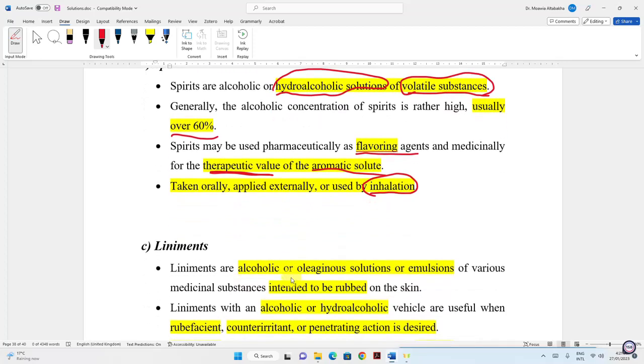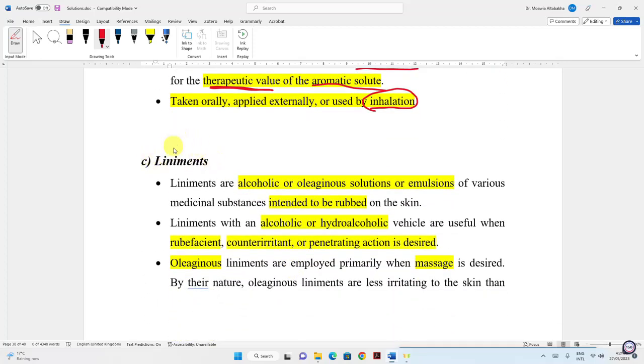Liniments. When I say liniments, I want you to think about pain in certain areas. For example, you have pain in your muscles, you have pain in your back, etc. These liniments are of two types.